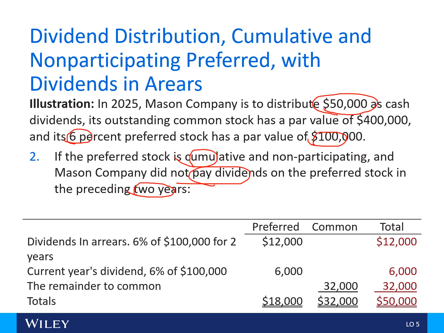It did not pay for the preceding 2 years, so here's 6,000 for the previous 2 years, and 6,000 for the current year, which means 18,000 goes to preferred before common gets anything. Since they declared a $50,000 dividend, you take the $50,000 minus what went to preferred, and that leaves $32,000 for common shareholders.